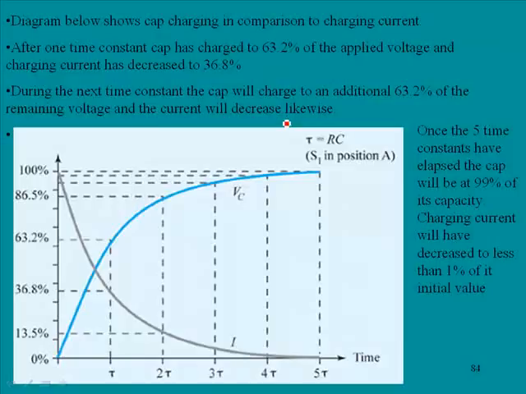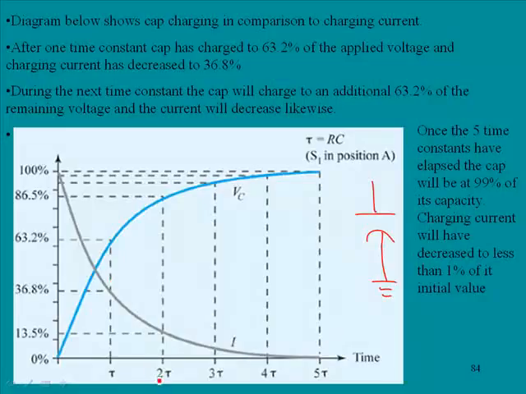Now here we have a graph. The diagram below shows the cap charging in comparison to charging current. Notice, what are we looking at here? Here we have the line going up, and this is a capacitor that we are charging, and this is the voltage, and this is the current related to this charge.